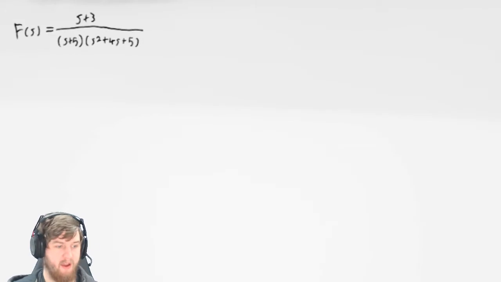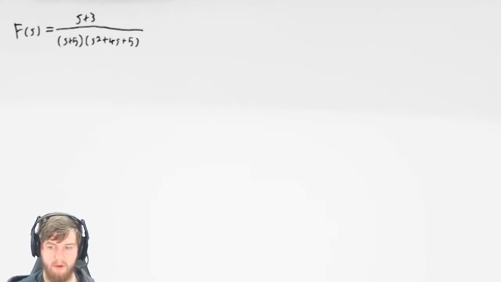So I think what we're going to do is try to not deal with the complex numbers, but instead build our expansion into a form that matches some of the things that we know the equation is going to turn into on our Laplace transform table.